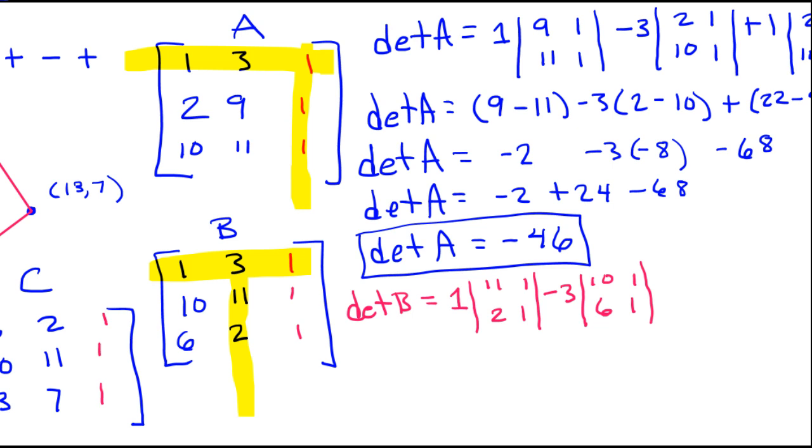And then my final cofactor is the number 1. Crossing out that column is going to give me plus 1 times the minor 10, 11, 6, 2.